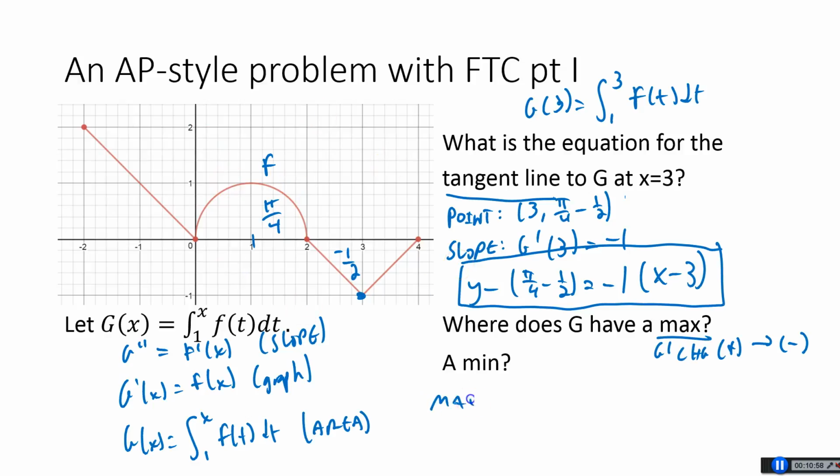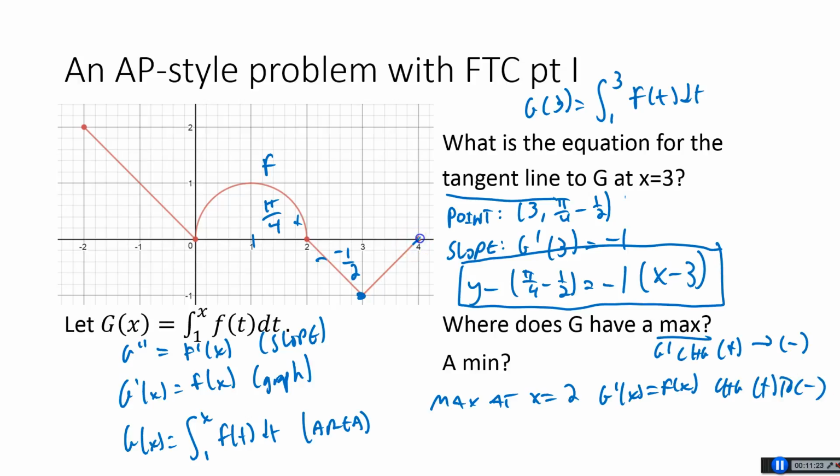So there's a max at x equals 2. Why? Because f values, or the derivative of g, change positive to negative there. So max at x equals 2 because g prime, which is f of x, changes positive to negative.